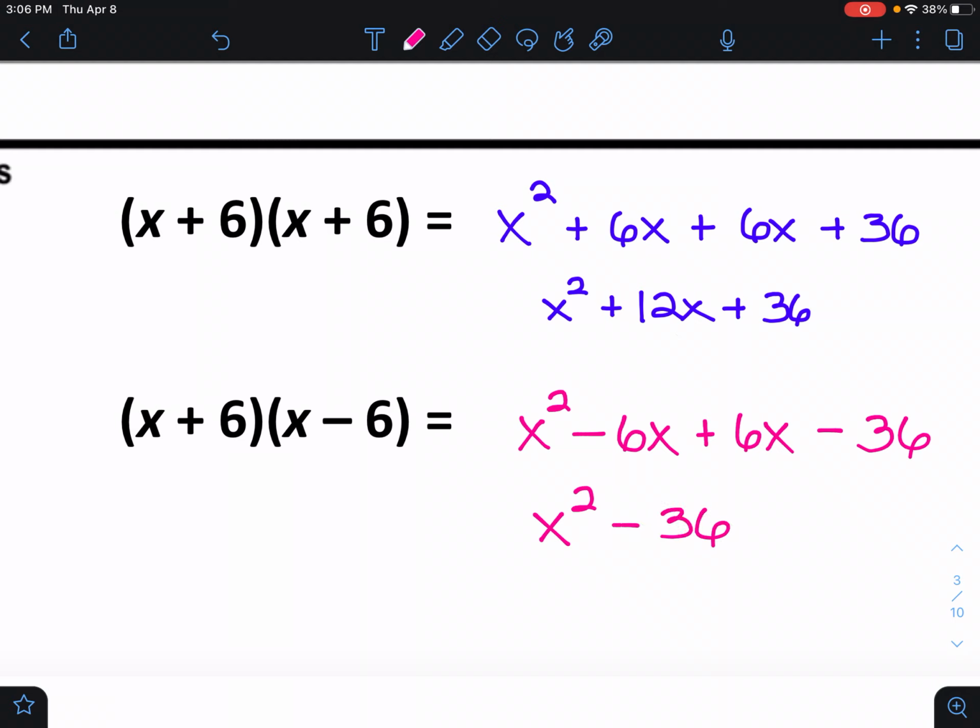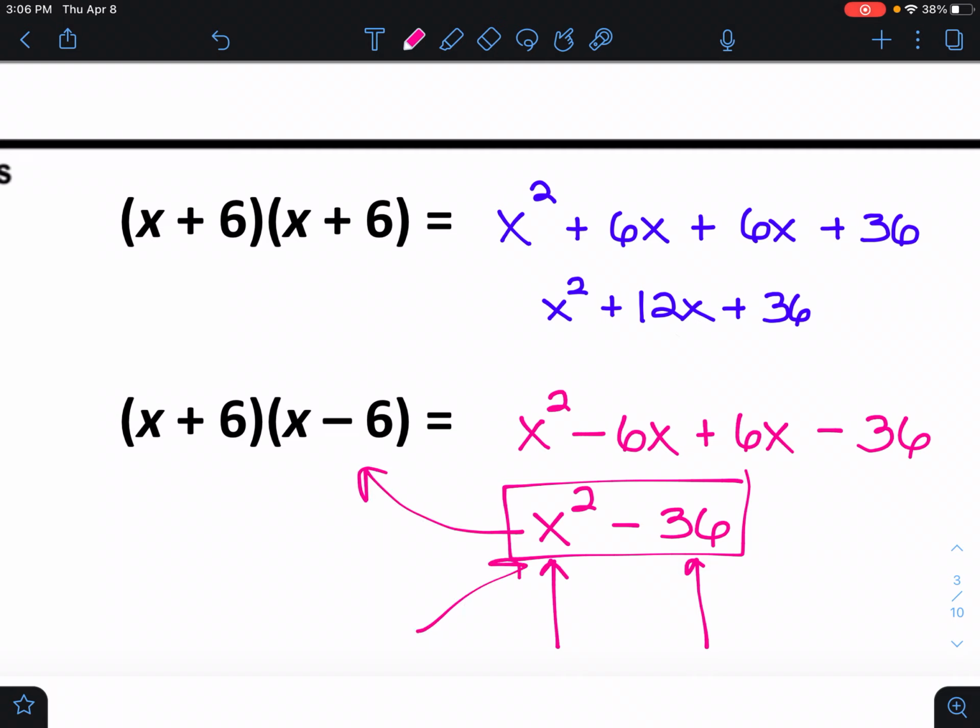There's no middle term. This is a special case. Also, this is a perfect square, right? And so is this. And again, that's because 6 times 6, and this is x times x. So if we go backwards, you'll notice that if I go from here to here, I can take the square root of x squared.